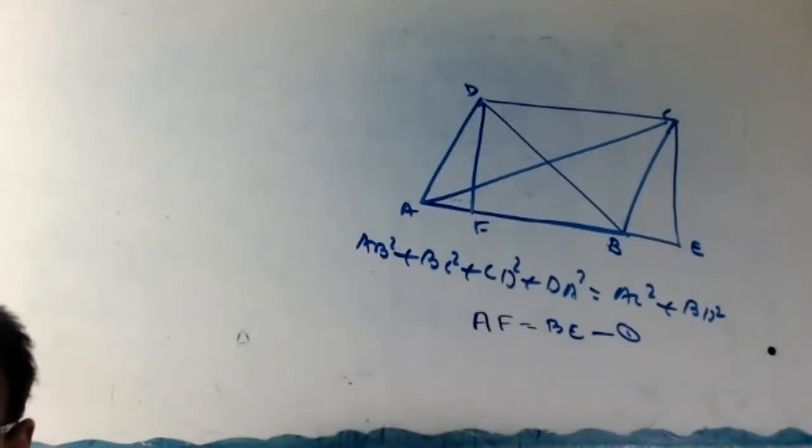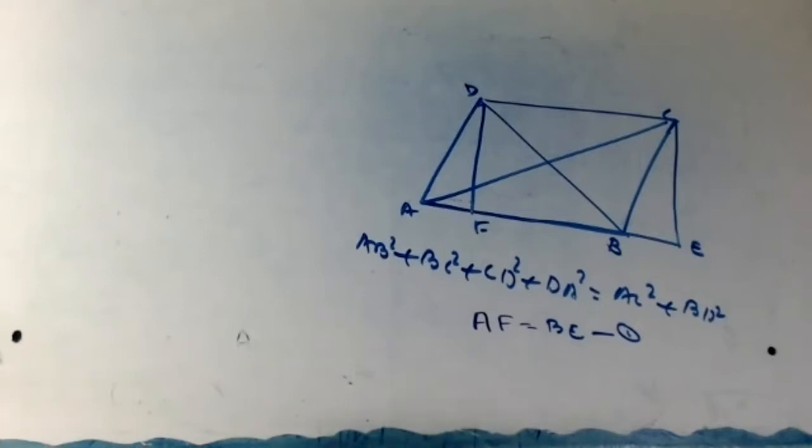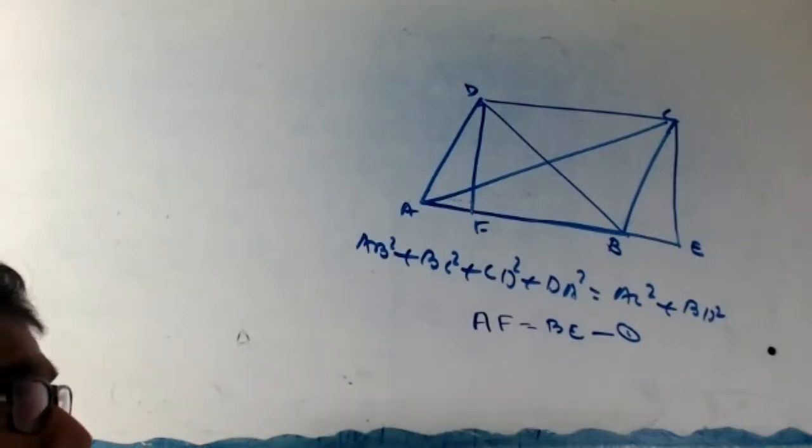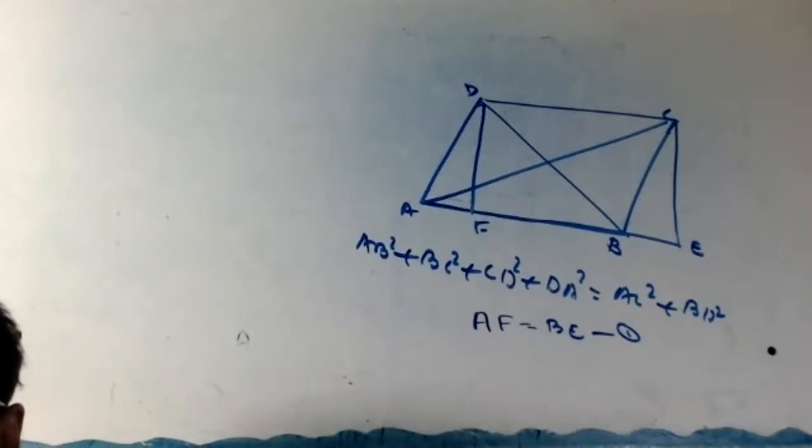Okay. Listen, what did we do first? We proved triangles AFD and BEC congruent by RHS congruency. Reason: DA equal to CB and DF equal to CE. So now look here.